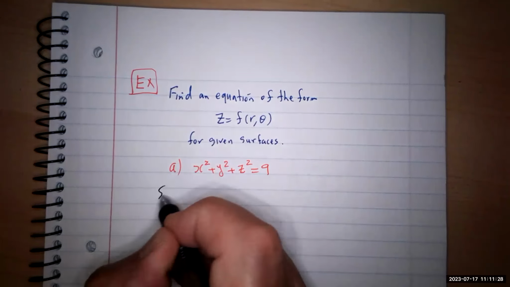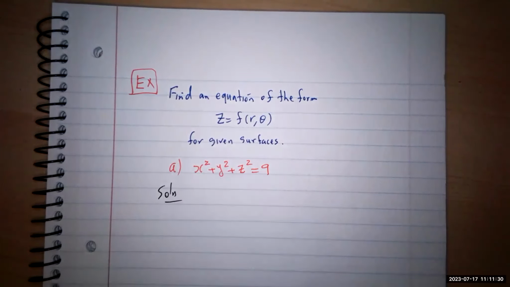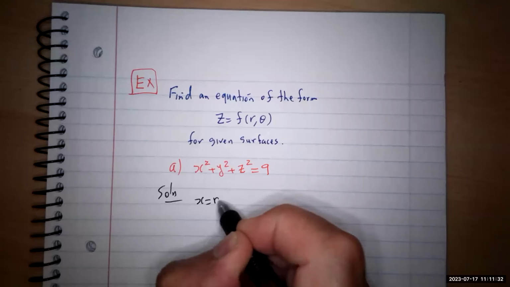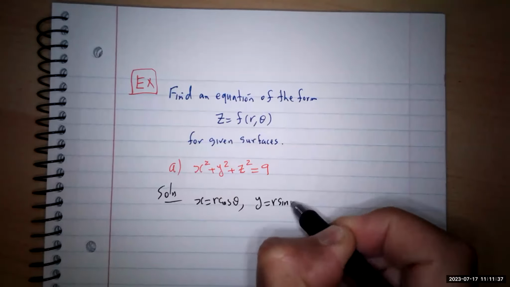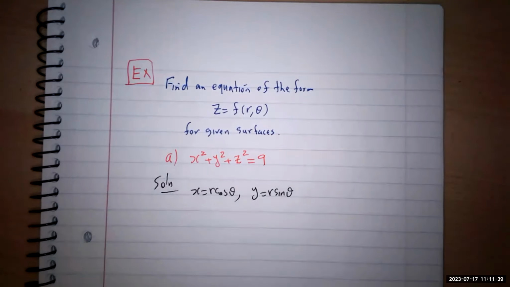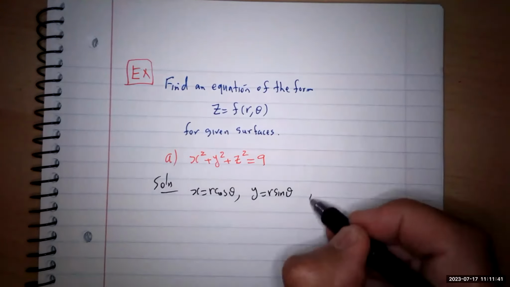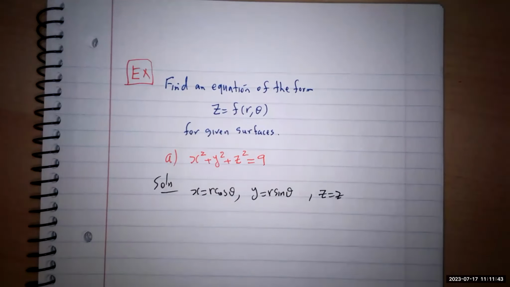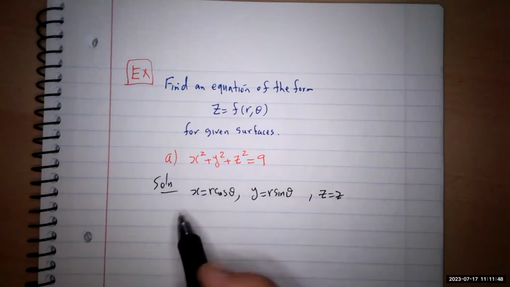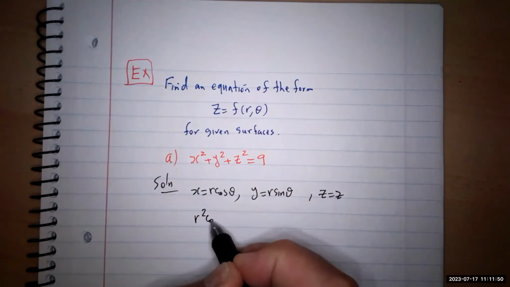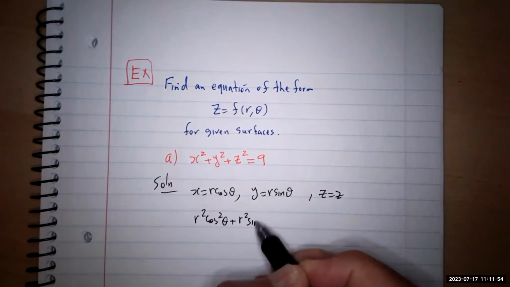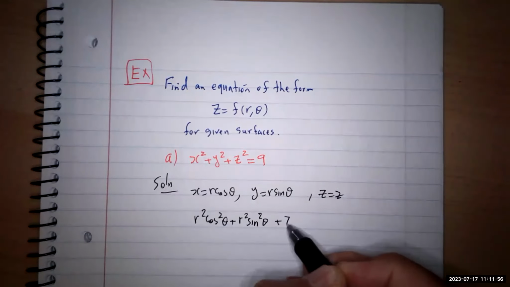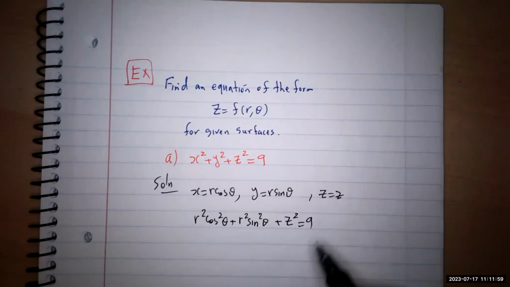So the solution is: you substitute x equal to r cosine theta and y equal to r sine theta. You know that z is just z. You keep the z as is. So we put it over here. x squared is r squared cosine squared theta, and y squared is r squared sine squared theta, and you keep z squared equal to 9.